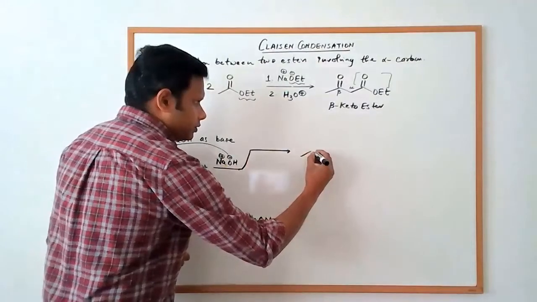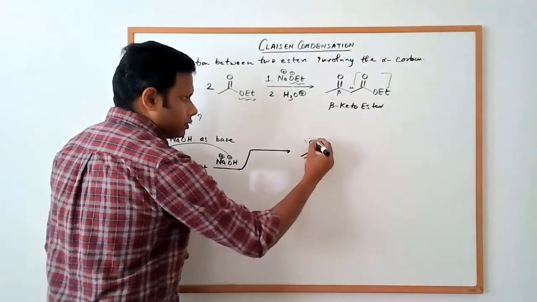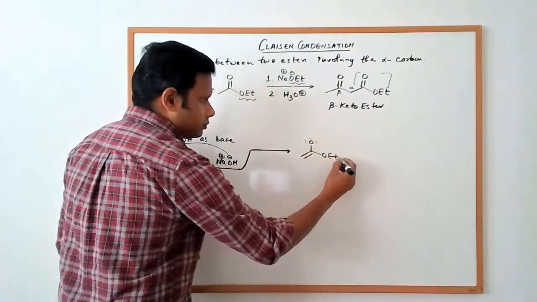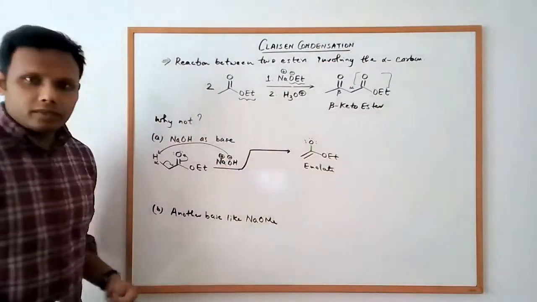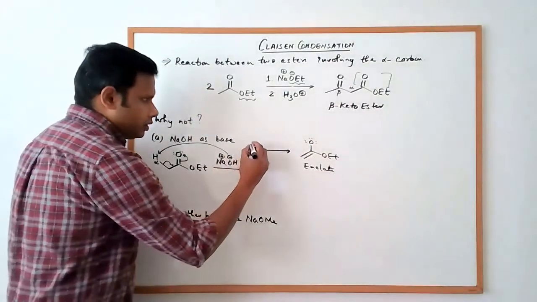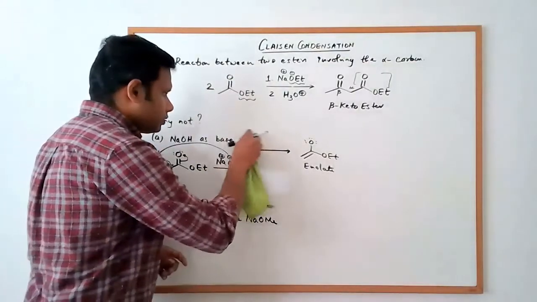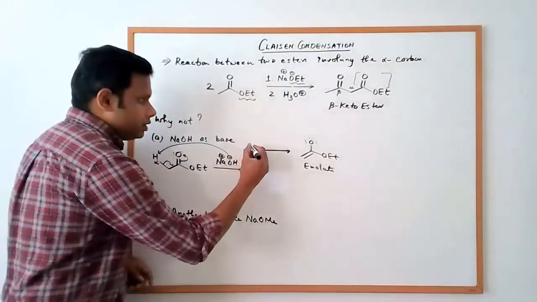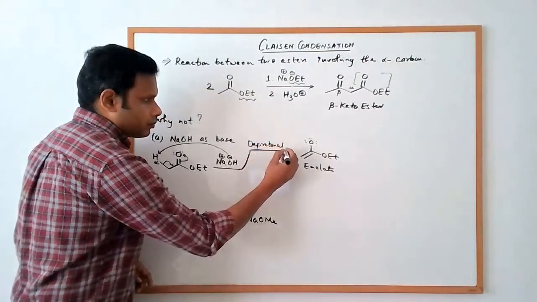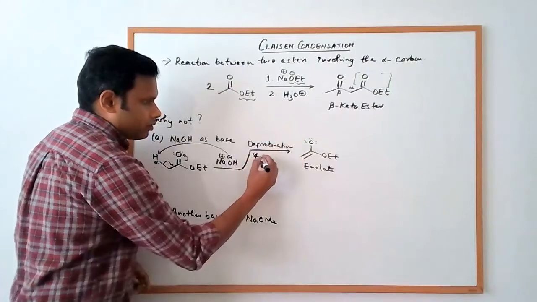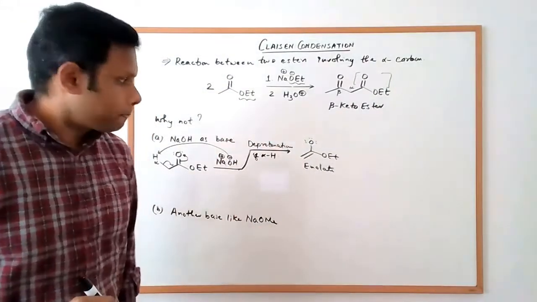So you can make the enolate. That's one possibility. This is deprotonation of alpha hydrogen. That would give us the enolate.